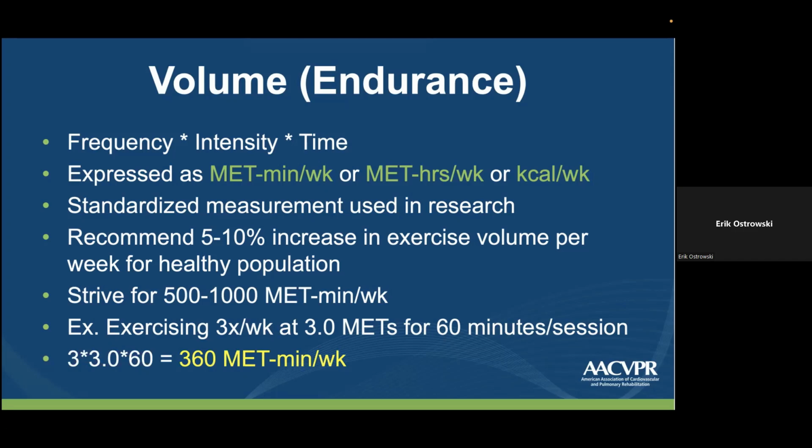So this patient is not meeting the minimum required for an otherwise healthy population of 500 MET minutes per week. And so this example really does a good job of illustrating the importance of making sure that our patients are not only exercising in center with us the 2 to 3 days a week that they do, but also at home as well.